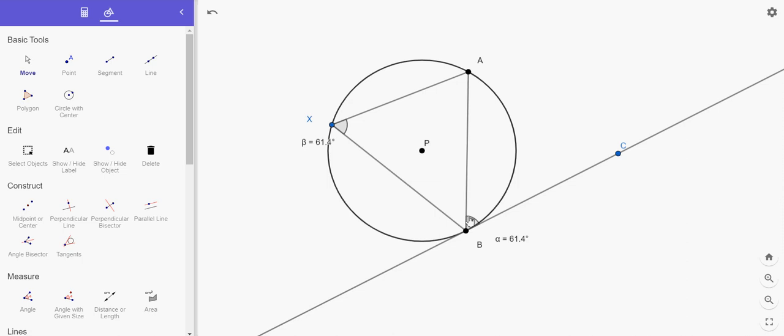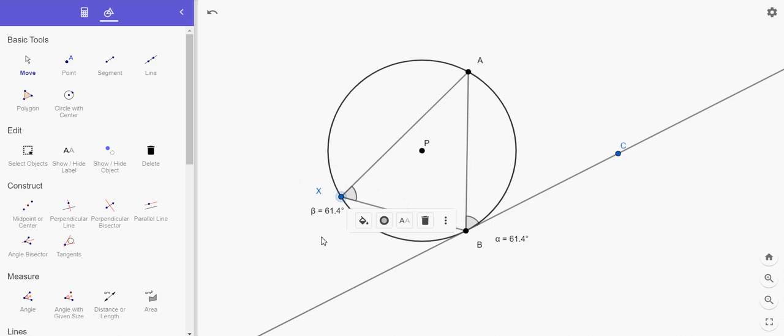And it appears to be the same as this angle here formed by the tangent and the chord. That's because as we move this point, x, along the circle, this angle doesn't change at all because it continues to intercept this arc AB. And so it's always half the measure of this arc.